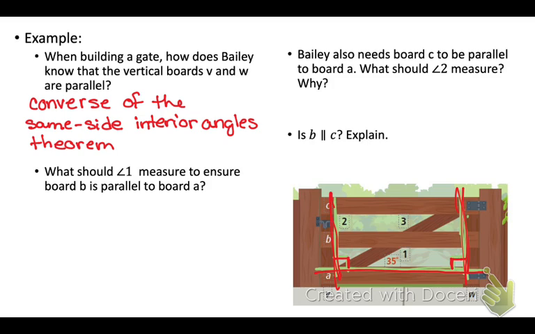Okay, Bailey also needs board C to be parallel to board A. What should angle 2 measure and why? So I need A and C to be parallel, correct? So what should this angle be? Well, what's my transversal to board C and A?